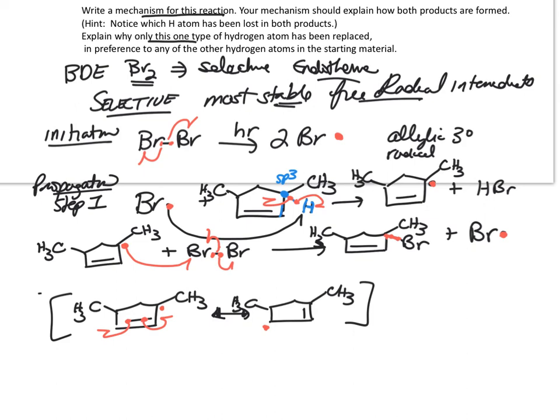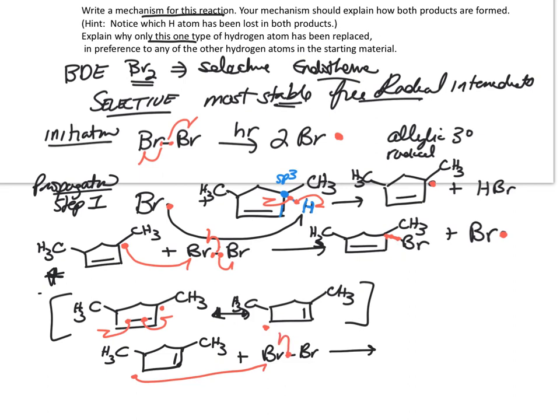So let's do that, where we take our new resonance structure and we react that. We're doing essentially that last step here, this step right here. We're going to react it with bromine. So this electron is going to go attack the bromine.